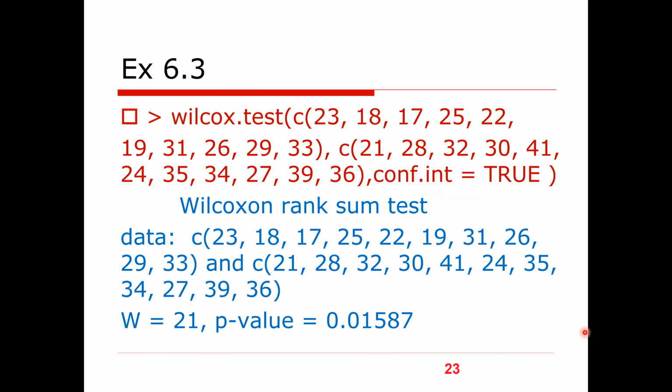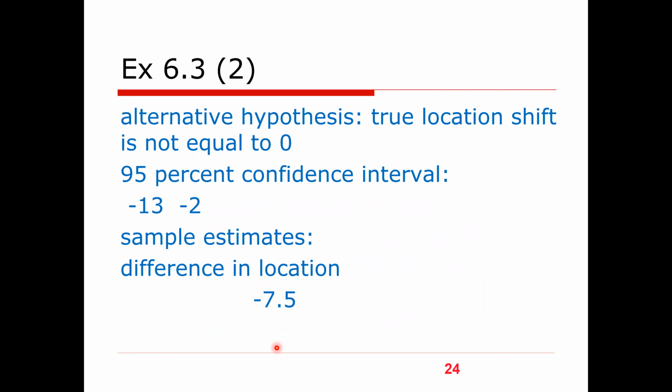We can also use wilcox.test to get the confidence interval. So we just need to set conf.int as true. And because the default confidence level is 0.95, we don't need to define anything here. So it gives us the 95% confidence interval, the same.